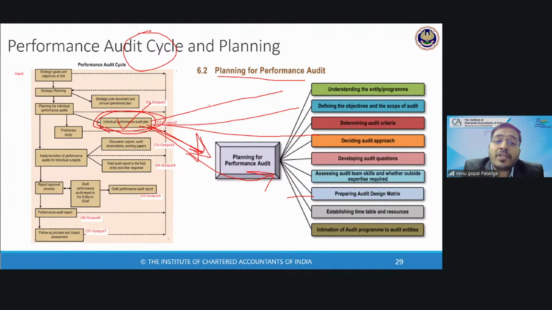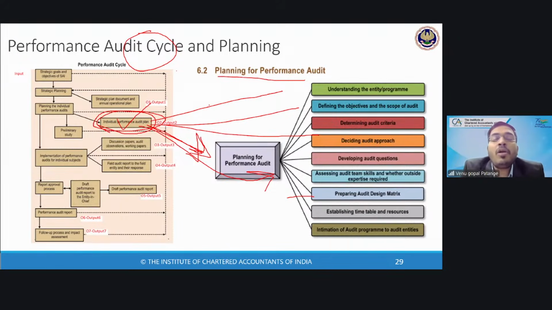You need to collect those documents, and documents submitted to PAC, COPU, and previous audit reports issued by CAG. You will collect legislative documents, policy documents, internal policy documents, special research documents, past audits, and media coverage, what was covered in media with respect to railways, cement, coal, special focus groups, with which you can obtain an understanding of the entity.